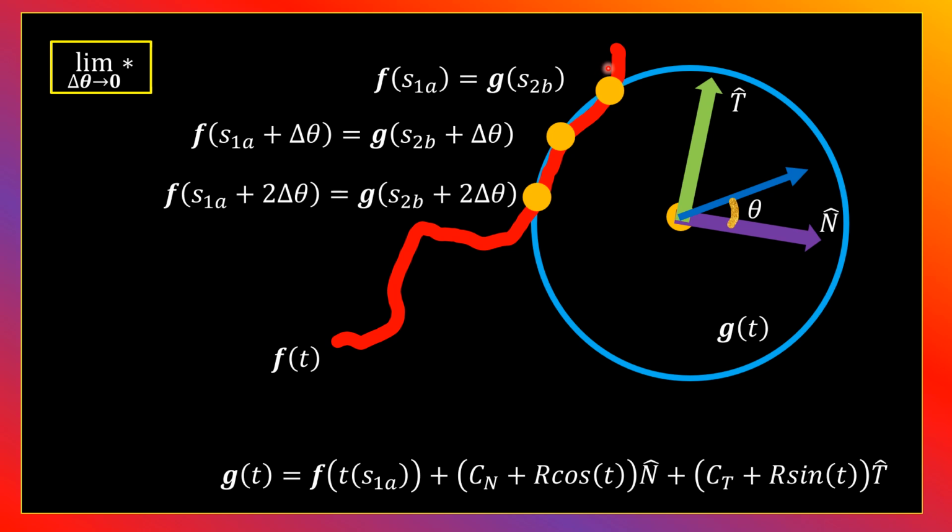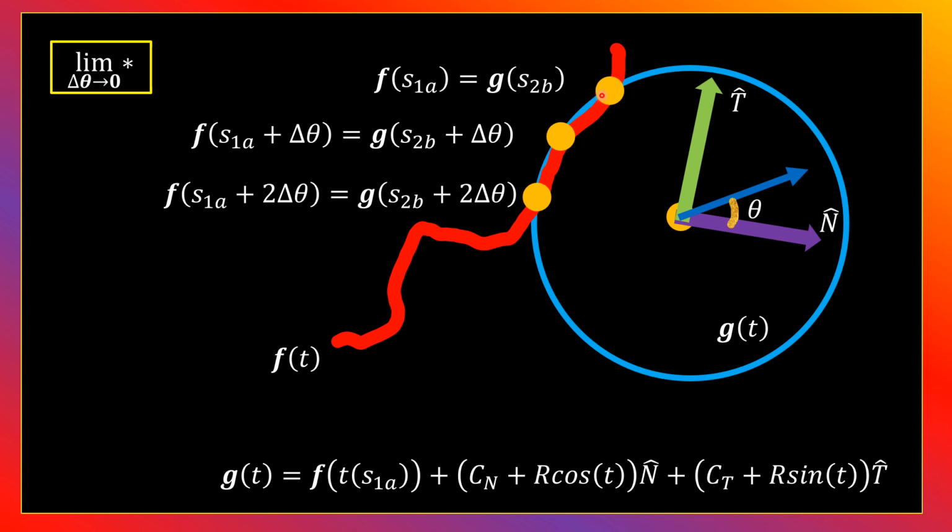We want to find the circle represented as position vector g of t, this circle over here, that best fits the curve, this curve, f of s1 at f of s1a, this point over here.